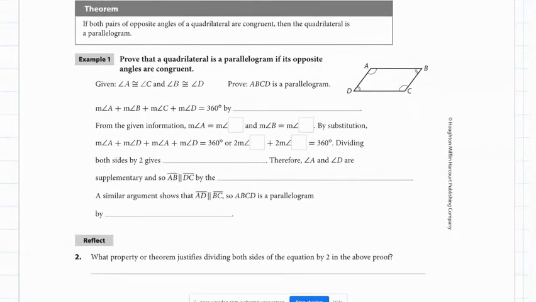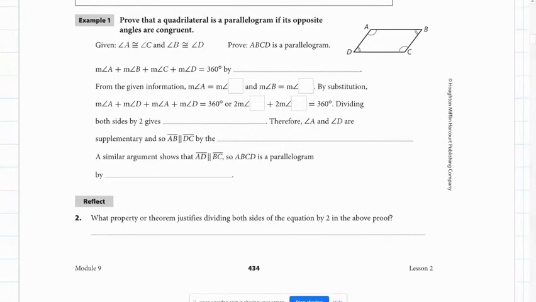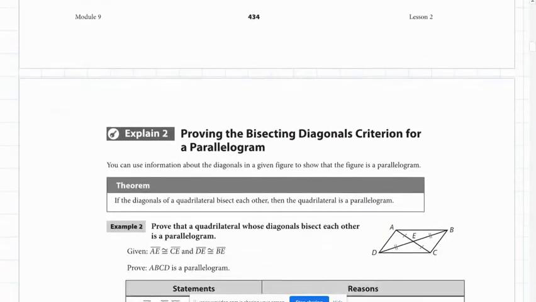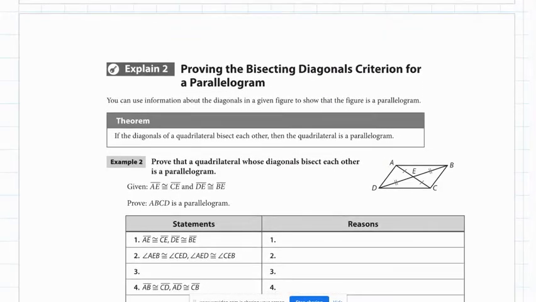They walk you through the steps on how you would go about proving that. And then we also have a theorem that says if the diagonals of a quadrilateral bisect each other, then the quadrilateral is a parallelogram. Again, that's a converse of what we learned yesterday.